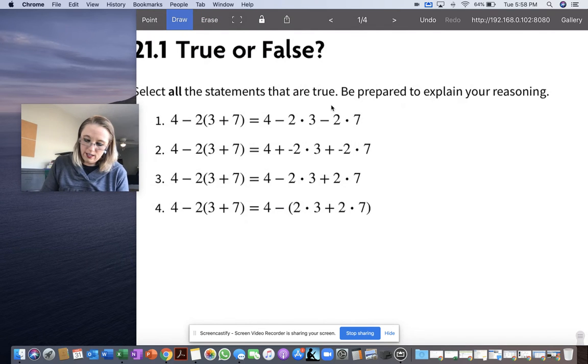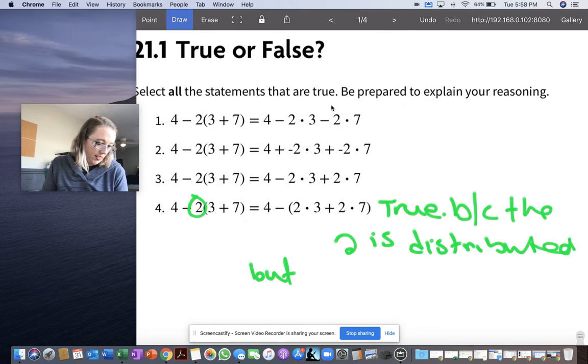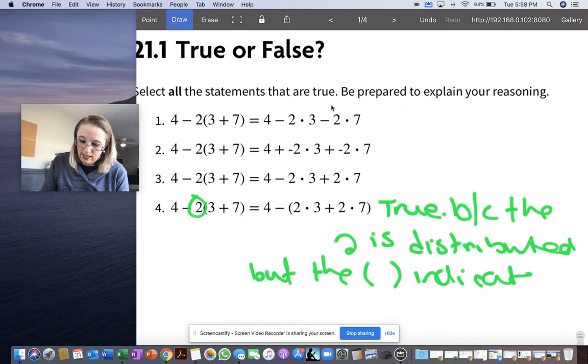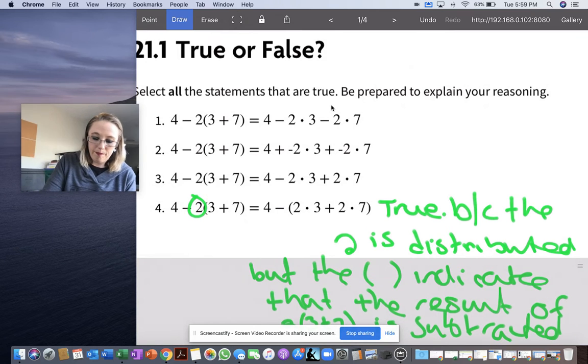And number 4 is true because the 2 here is distributed, but the parentheses indicate that the result of 2 times 3 plus 7 is subtracted. Okay? Not too bad.